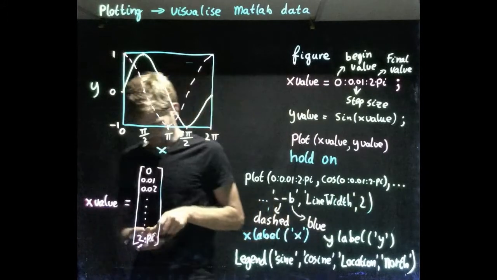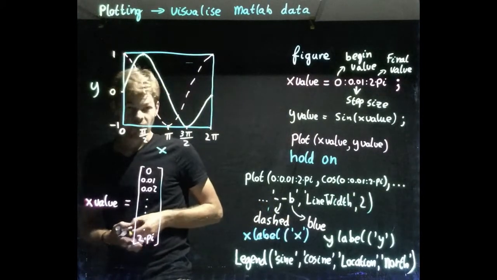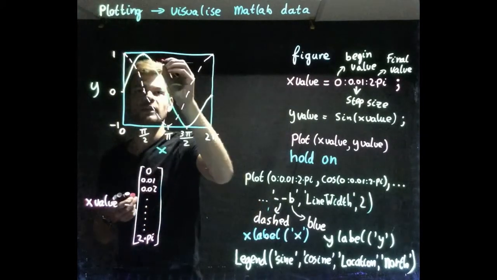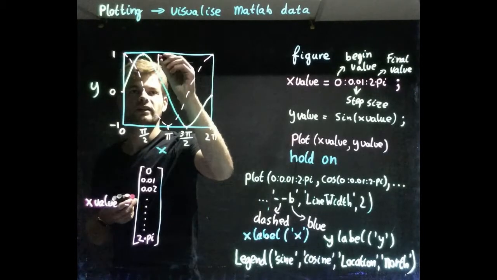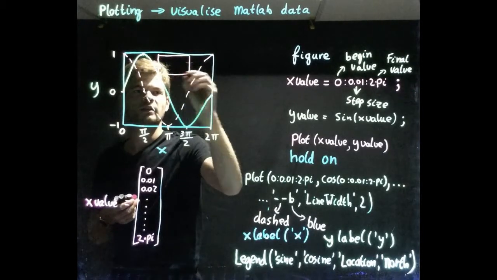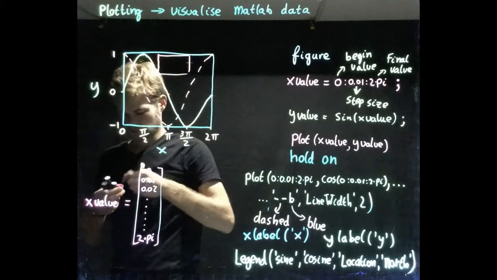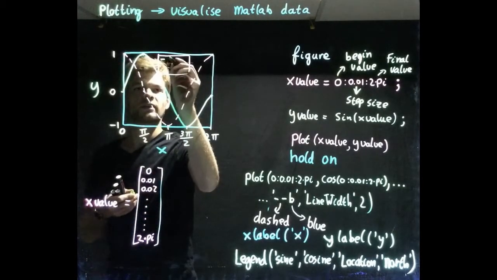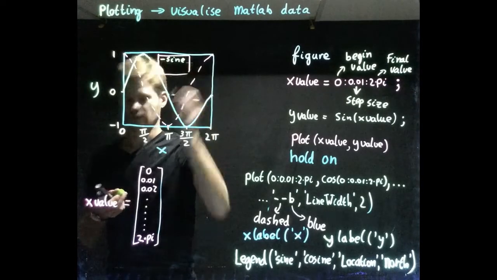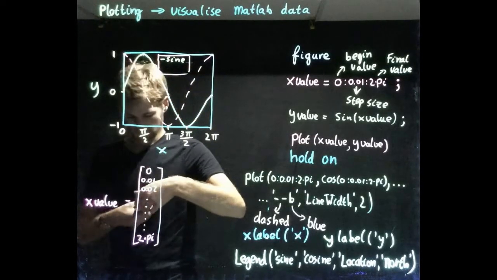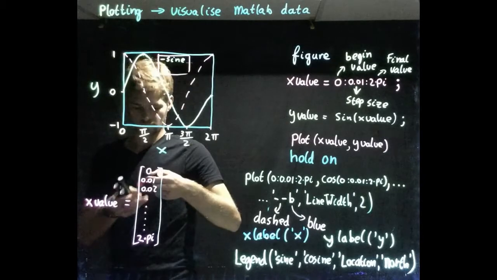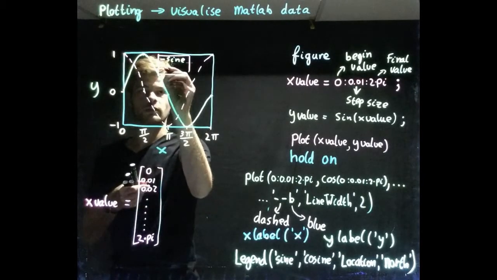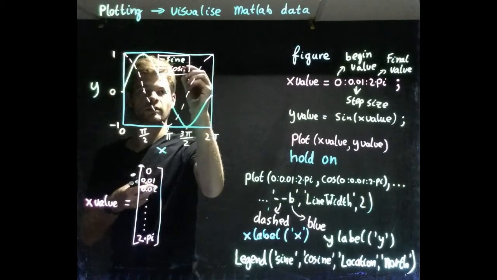So over here, and I hope I can write this down clearly, my legend will appear. It will display something like this: sine and cosine.